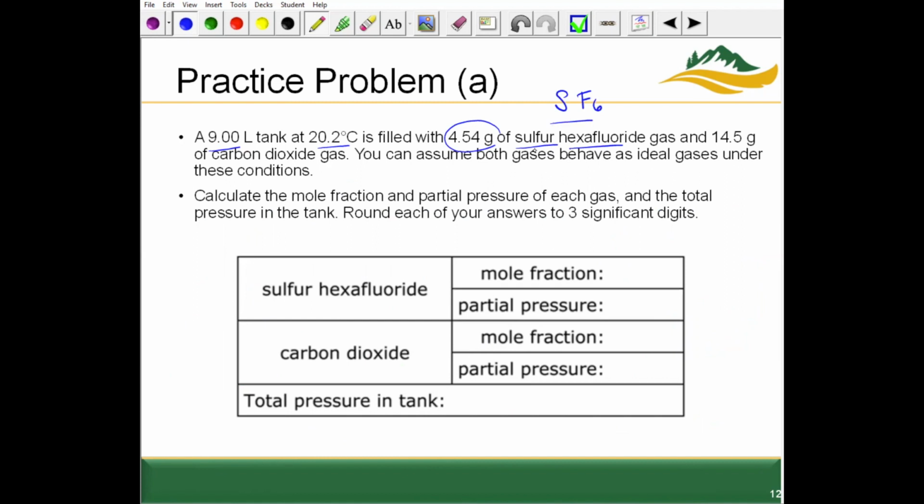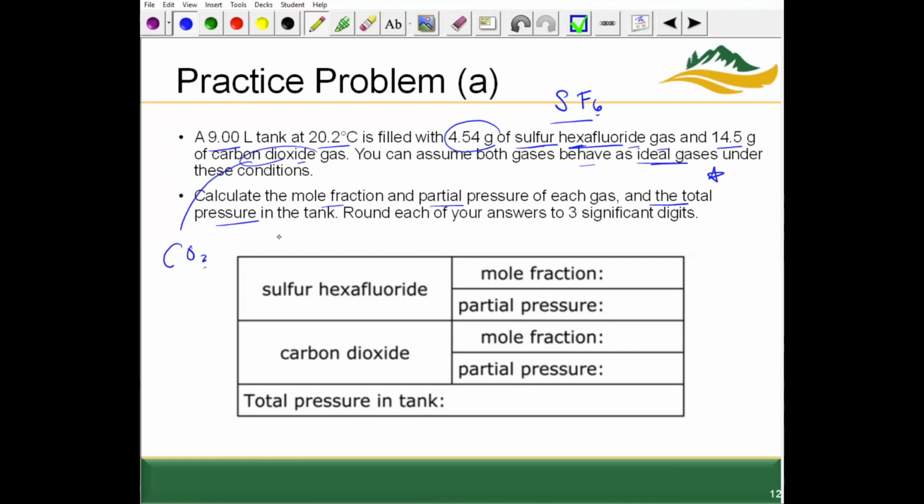Just remembering how we name molecular compounds: sulfur, then hexa, fluoride, so 6 fluorines, gas, and 14.5 grams of carbon dioxide, so 2 oxygens. Remember, we changed that ending to end in -ide. We can assume both gases behave as ideal gases under these conditions. That's an important assumption. Calculate the mole fraction and partial pressure of each gas and the total pressure in the tank.